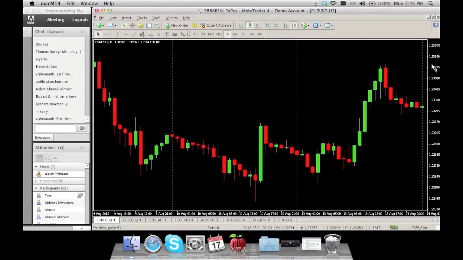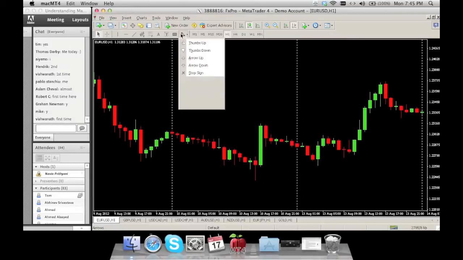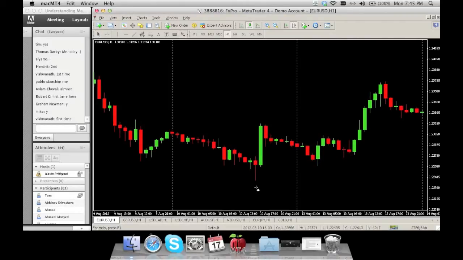This candlestick pattern here is what we call an exhaustion. What an exhaustion basically means is the market tries to go in one direction and it could not go, it comes back and closes near the open, and hence the term, it gets exhausted.